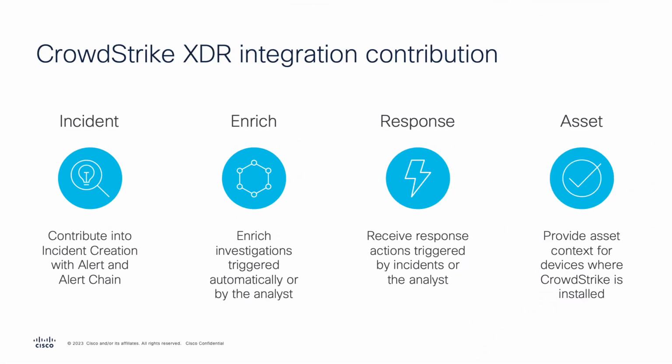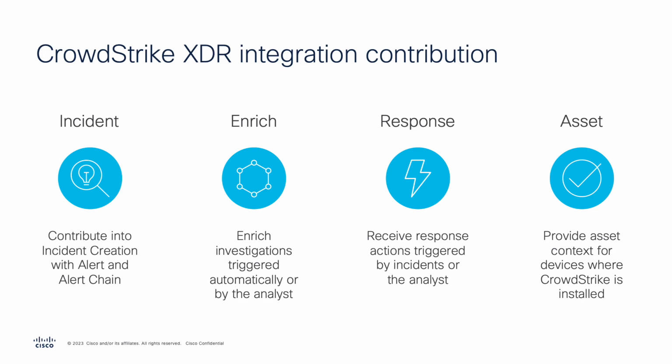So CrowdStrike contributes in multiple ways into Cisco XDR. Now we've seen that in the new enhancement, CrowdStrike events can contribute into incident creation in Cisco XDR. That's the first new thing.